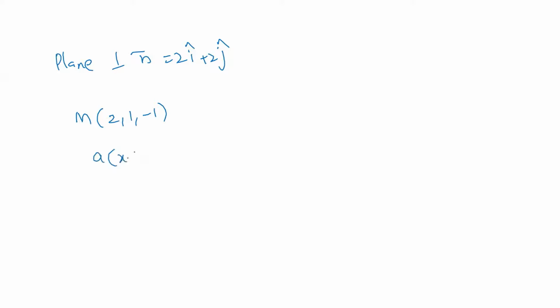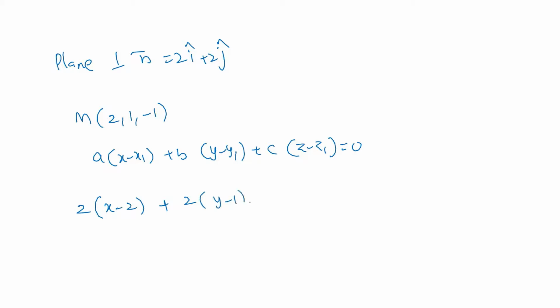So we know a into x minus x1 plus b into y minus y1 plus c into z minus z1 equal to 0 is going to give you the equation of the plane, where a, b, c are going to be the DRs of the normal vector, and x1, y1, z1 are going to be the given point. So that will be 2 times x minus 2 plus 2 times y minus 1 plus 0 times z minus of -1 equal to 0. That is what we are going to get.